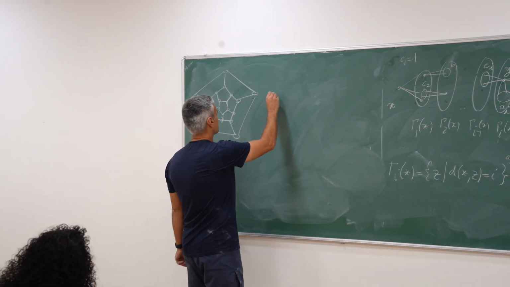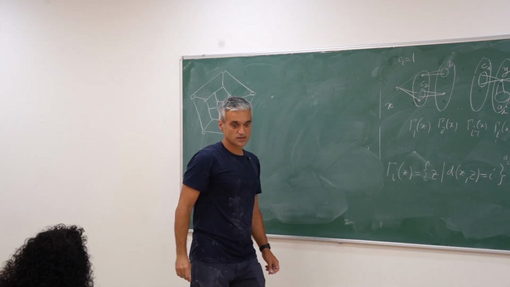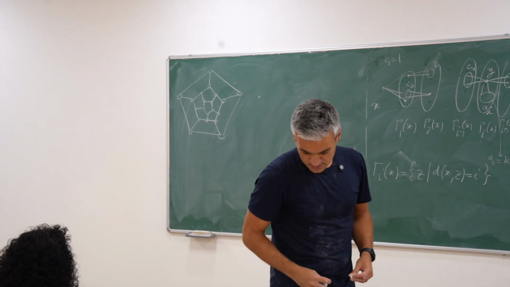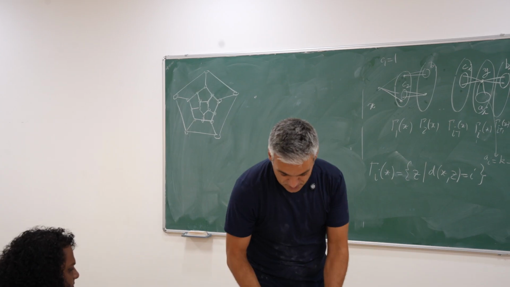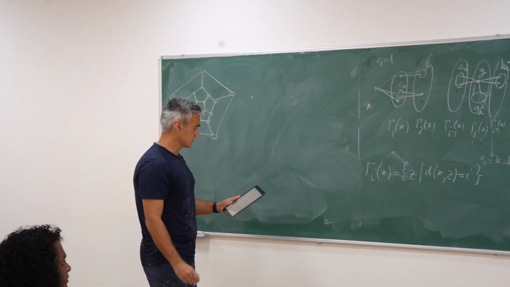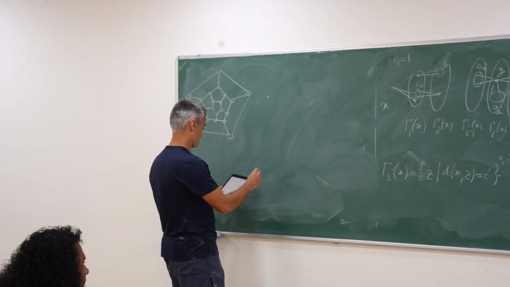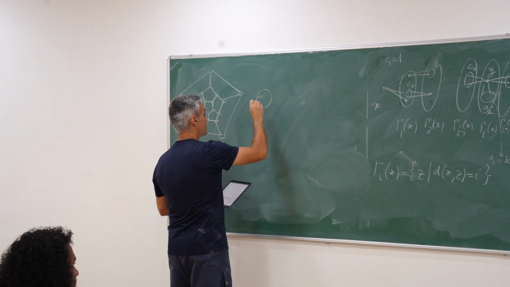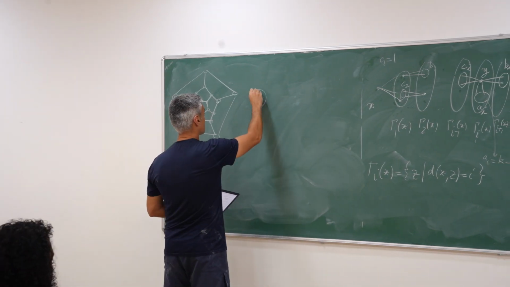So here, what do you have? The distance picture is a bit more complicated. I tried to do it in LaTeX sticks, but I won't do it. I'll just give you the distance diagram.